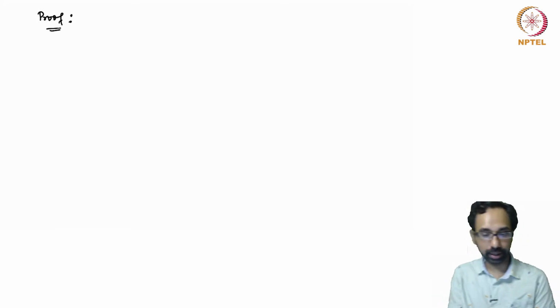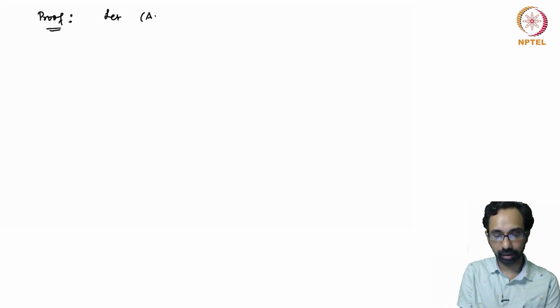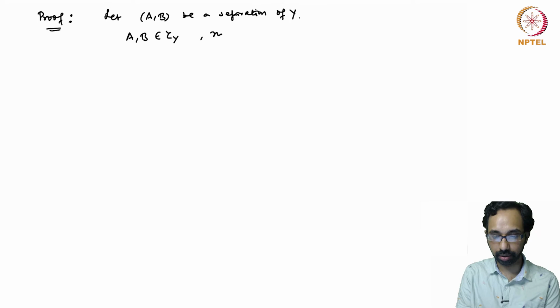So now let A, B be a separation of Y. So of course we have A, B belong to tau Y. They are open sets. A and B are non-empty, and A intersection B is the empty set.